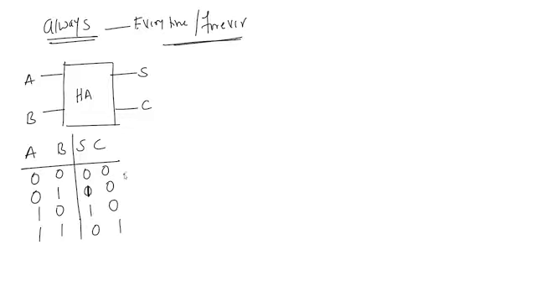So for this I want to write using behavioral modeling. How to write? Module, what is my module name? You can use ha. I need to declare input a comma b, and output should be which data type when I am using behavioral modeling?